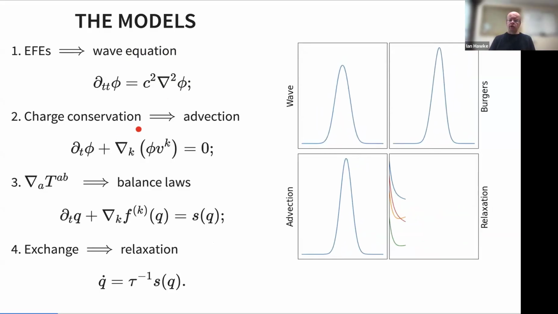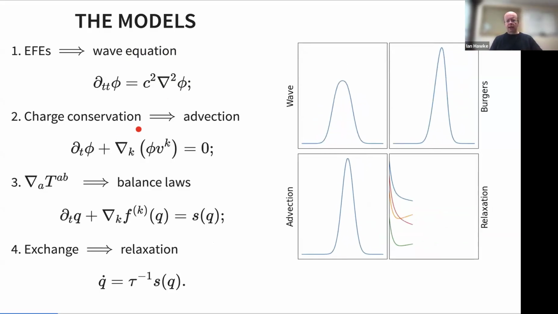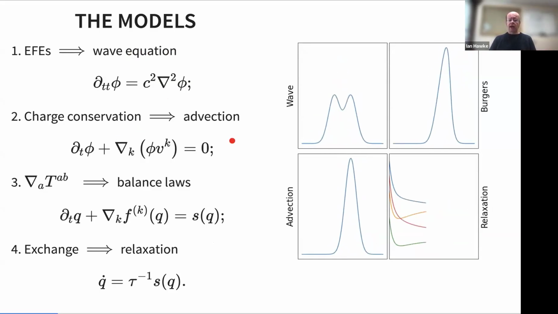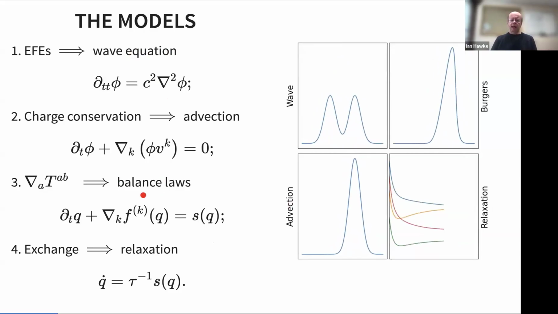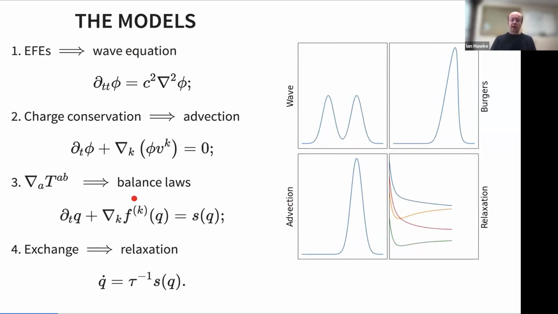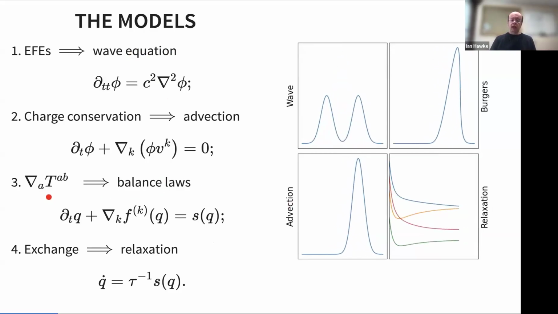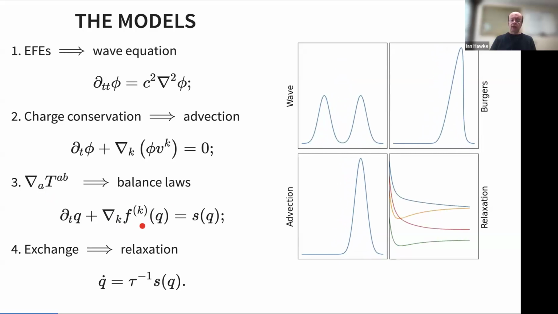And then we've got charge conservation, coming into electromagnetism, coming into fluid mechanics, that pushes information around, again at finite speed. Then we have the nonlinear balance laws that follow automatically from the conservation of stress-energy. That typically gives us nonlinear balance laws. So in particular, this flux function is nonlinear, and that leads to the steepening of waves.